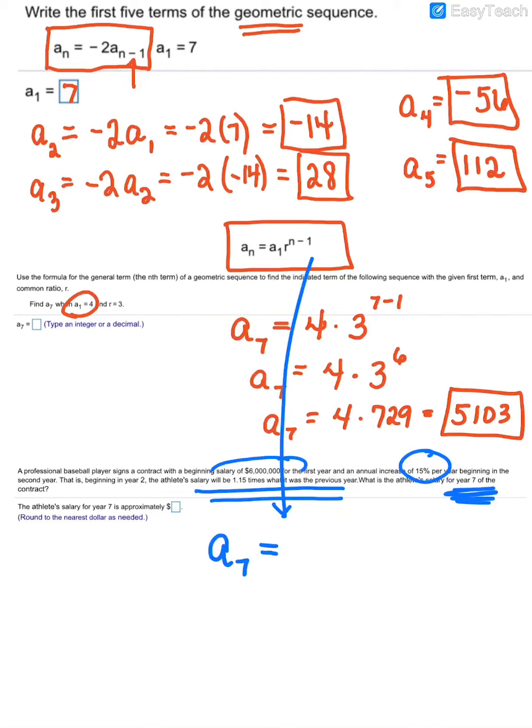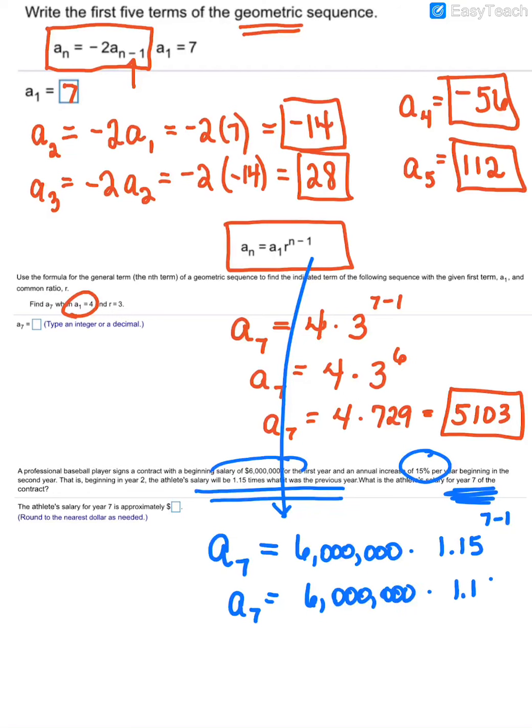We take the first year salary, the $6 million, and multiply by the ratio, 1.15, to the power of 7 minus 1. So his 7th year salary would be $6 million times 1.15 to the power of 6.